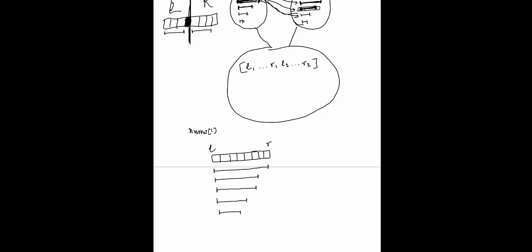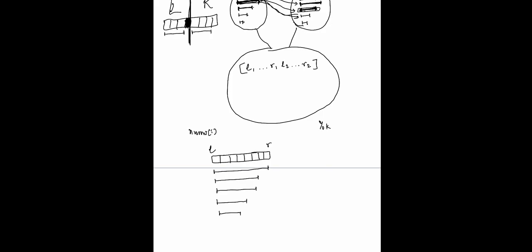Now, we know we're going to do every operation modulo k. So instead of keeping the whole product, like all the possible values, let's just say we're keeping values from 0 to k minus 1, right? It makes sense, because this is what we're interested in. These are the remainders after dividing by k.